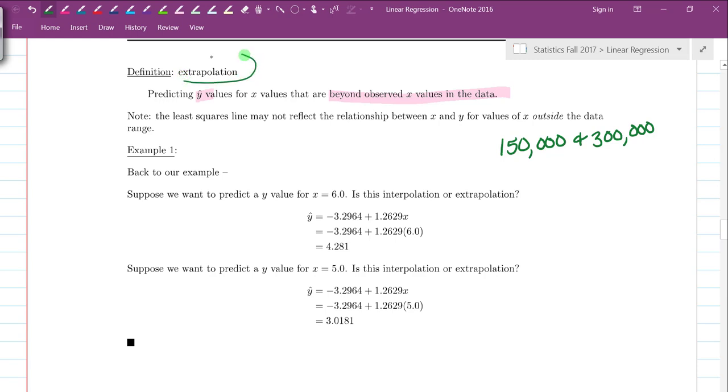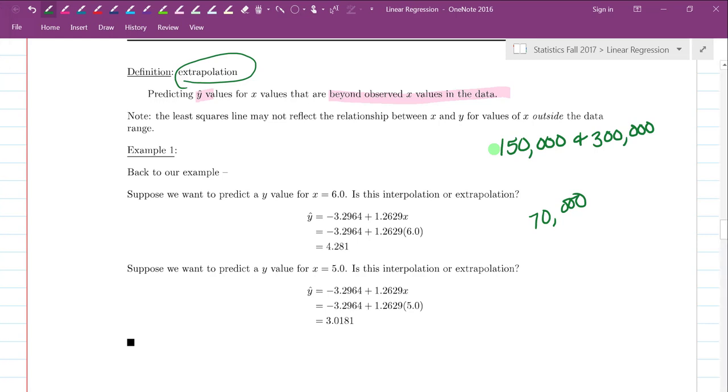The extrapolation right here, what that means is I cannot necessarily accurately use my model to predict the value of a car that has 70,000 miles on it, okay? Because I didn't have any vehicles with only 70,000 miles in my data set.